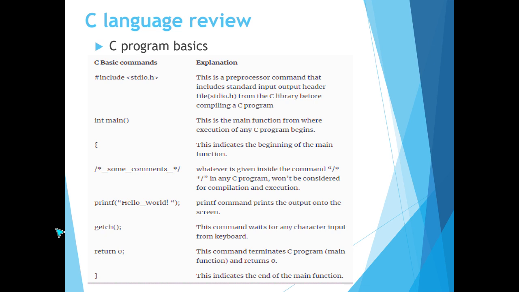The other part of our coding, for example, getch, this command awaits for any character input from keyboard, and then return 0. This command terminates the C program's main function and returns 0. And as I said, curly braces indicate the end of the main function.